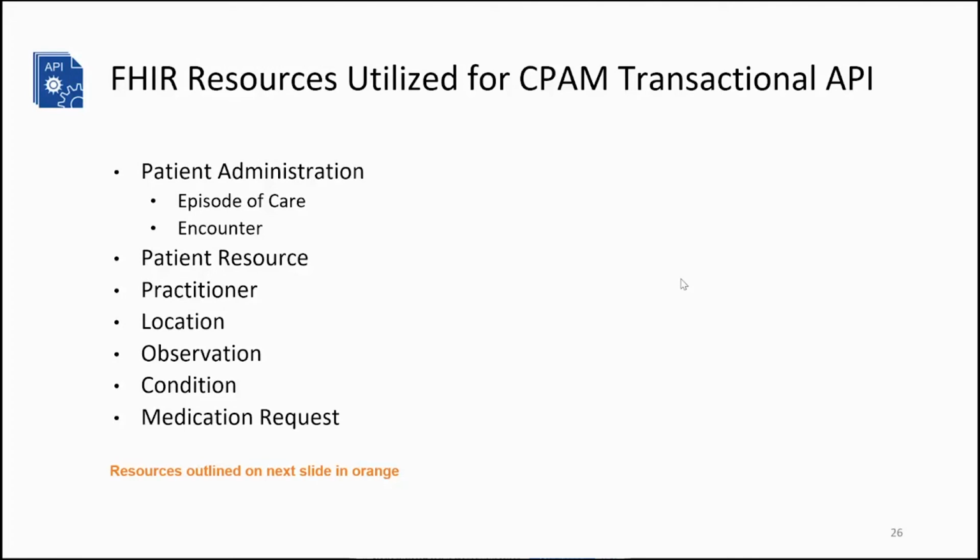The patient resource, which is the patient demographic information, we also included veterinary information into that resource. Practitioner, location, observation is the catch-all for almost everything else. Clinical observations, labs, that sort of thing. We added condition codes in, and then a medication request is also now available in that API.